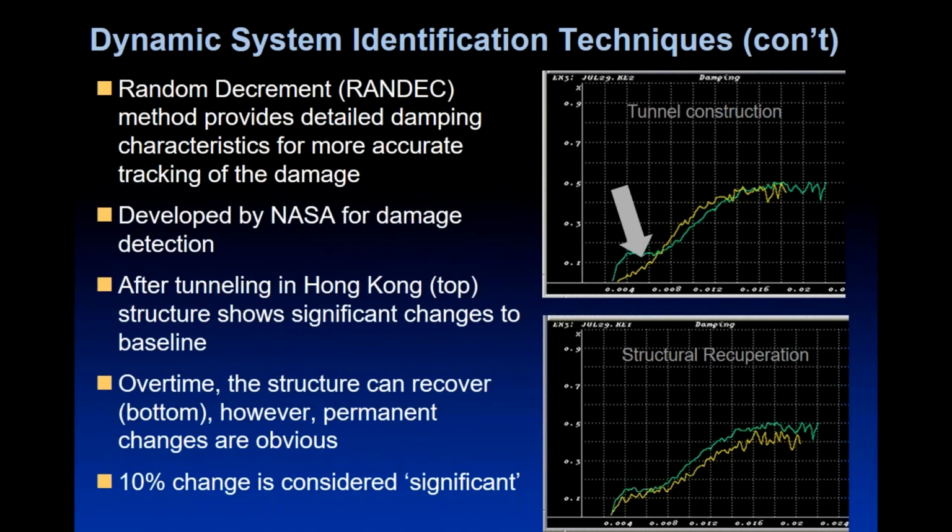Let me show you this, which is taken from a building in Hong Kong. The green line is the baseline taken averaged over a month. The yellow line is when an accident happened. They were boring a tunnel nearby and they had a collapse. The vibration level was so large that people ran out of the building in panic.